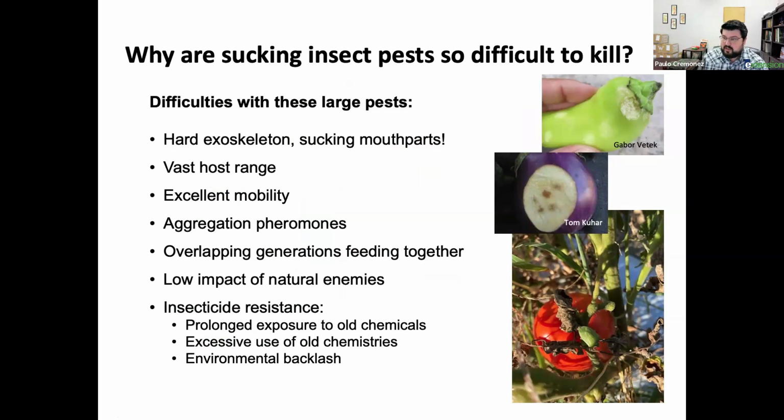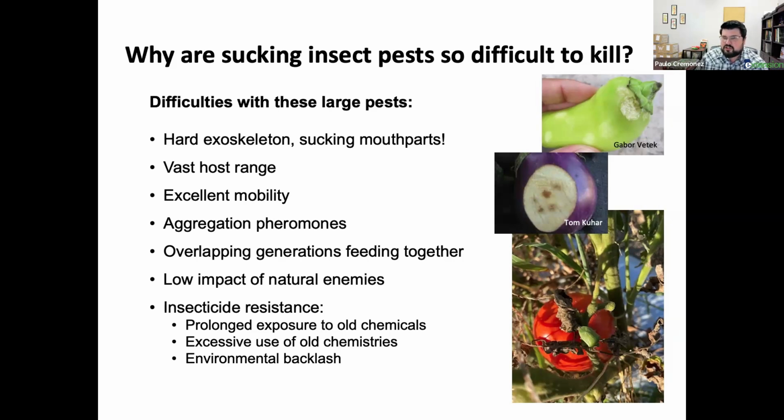They are generalists. They have a vast host range. They are extremely mobile, so they will fly and run very fast, and they have a cryptic behavior. So if they feel a predator, a big predator, or a crop trait is happening, they can easily drop to the soil and be more protected.